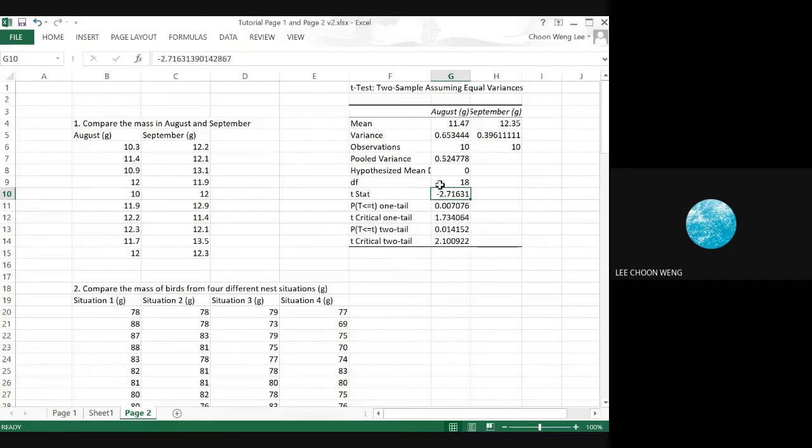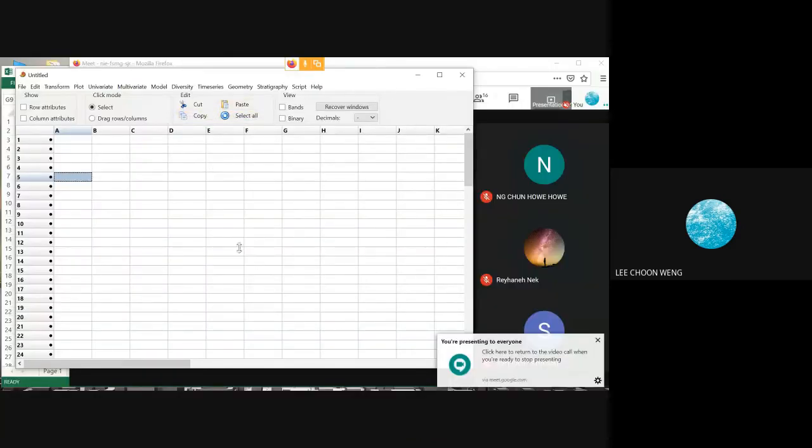Okay, your df is also important because these are the values that you will report in your thesis. When you report in your thesis, you report your t-stat, your df, and your p. Okay, so the p is less than 0.05. That means the difference in August and September is significant.